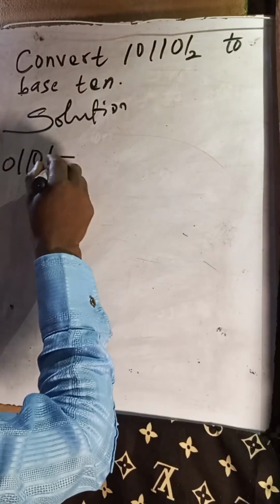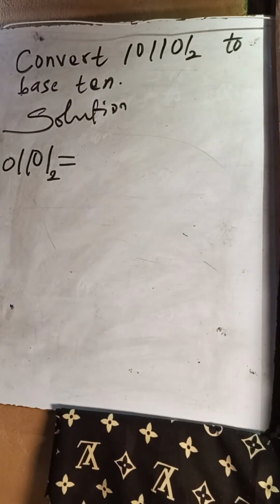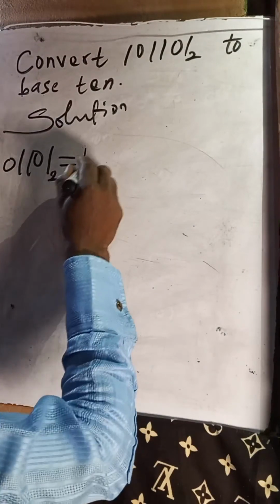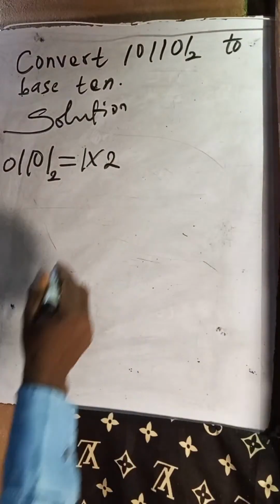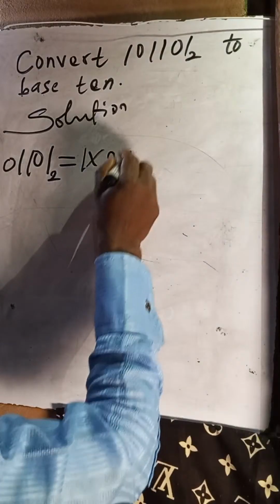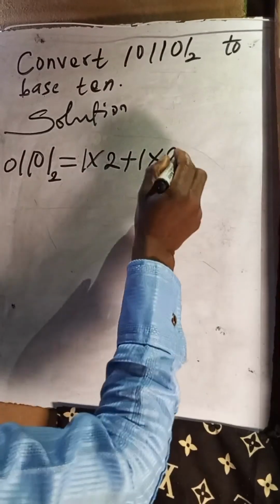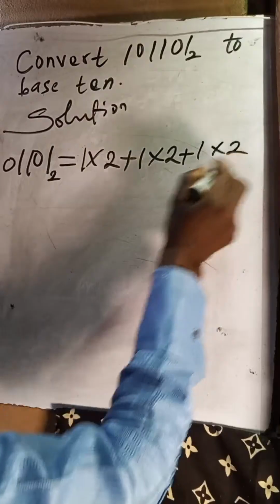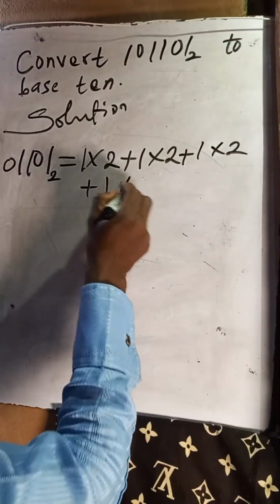So if we are to change to base 10, remember, I told us to follow this pattern. 1 times 2 to the power of something. How many? We have 1, 2, 3, 4 non-zero digits. So 1 times 2 to the power of something, plus 1 times 2 to the power of something, plus another, then plus another.